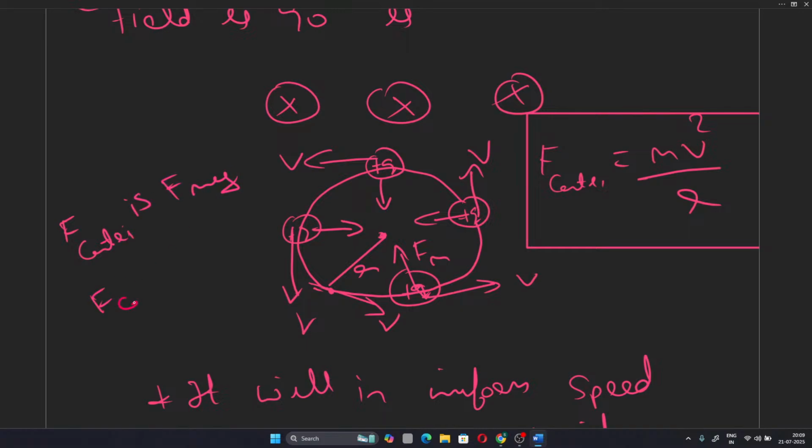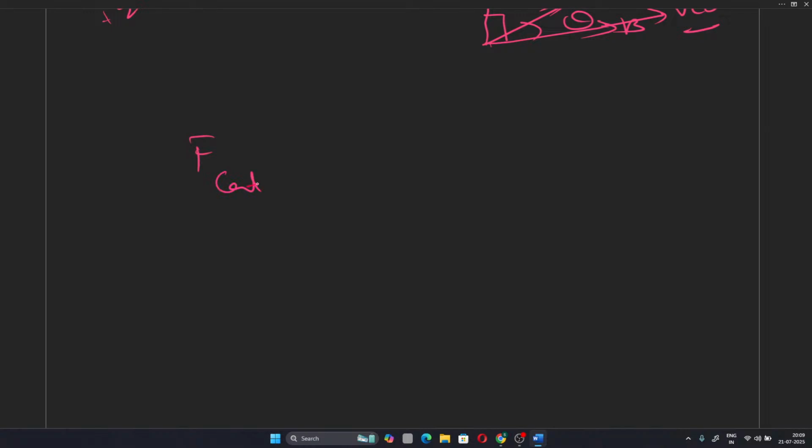So F centripetal will be equal to F magnetic, in the case of theta equals 90 degrees.